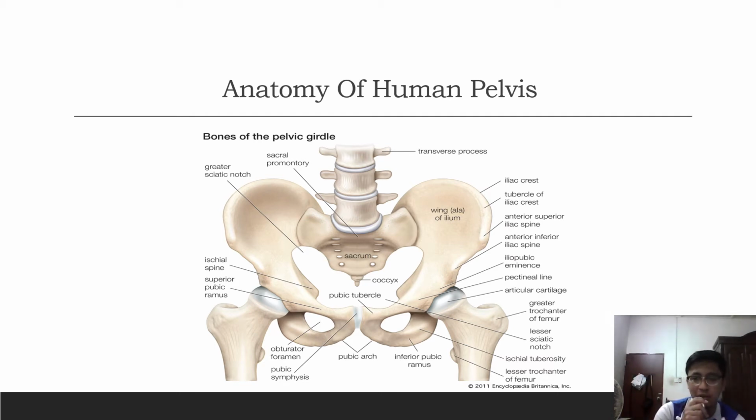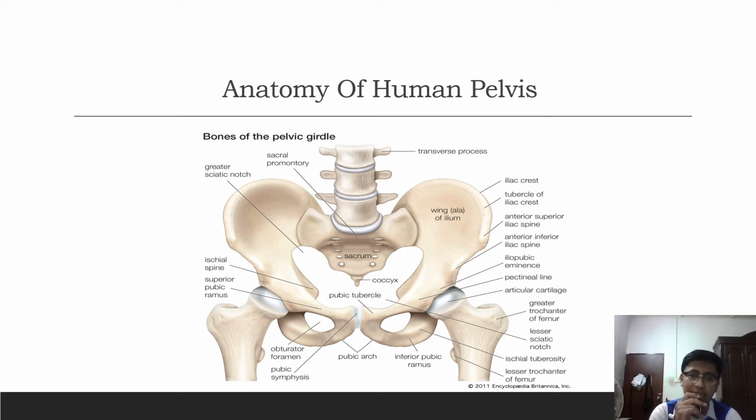On the left side of the human pelvis, there are the transverse process, left wing of ilium, iliac crest, tubercle of iliac crest, anterior superior iliac spine, anterior inferior iliac spine, iliopubic eminence, pectineal line, articular cartilage, greater trochanter of femur, lesser sciatic notch, ischial tuberosity, lesser trochanter of femur, and left inferior pubic ramus.